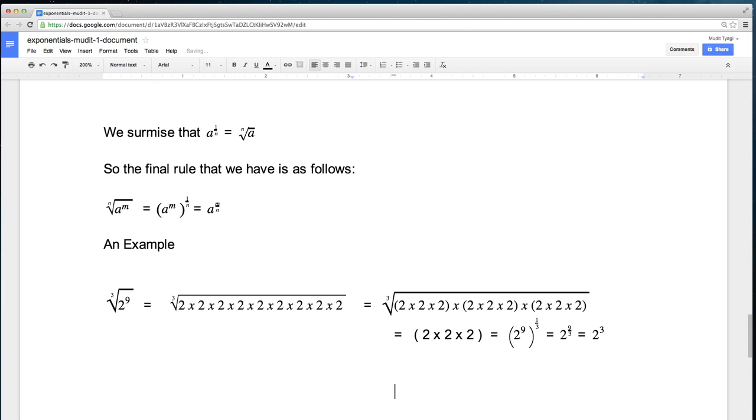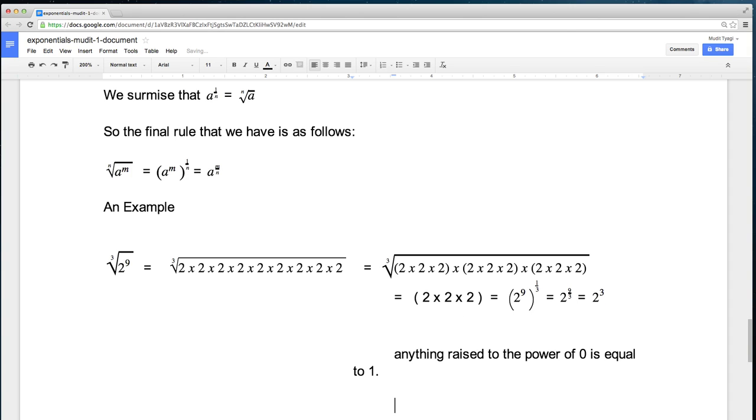That's it. Now, one last thing that we should add, a final point, is that anything raised to the power of 0 is equal to 1. Okay, so this is an important point that we need to also remember.